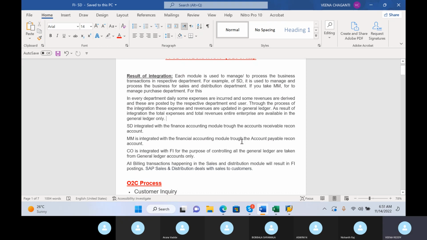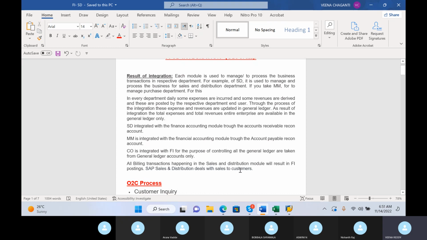Through this reconciliation account, FISD or FIMM integration will happen. CO is integrated with FI for the purpose of controlling, and all the figures are taken from the general ledger accounts only.